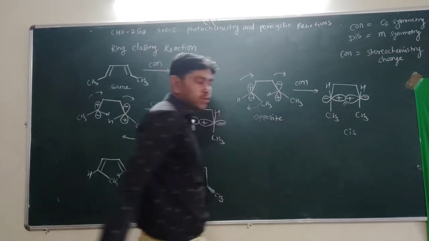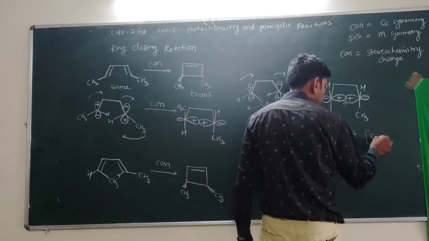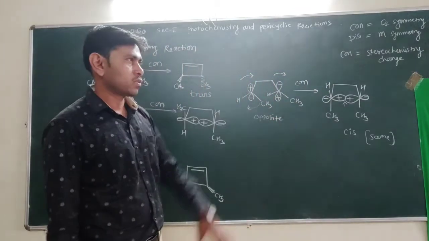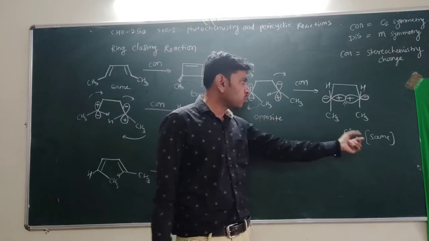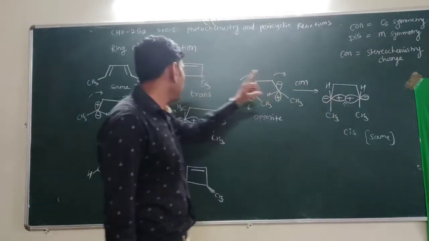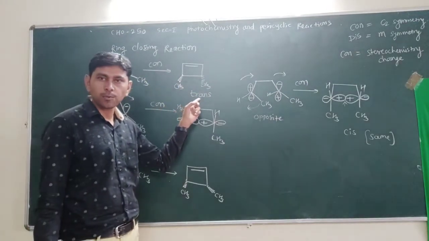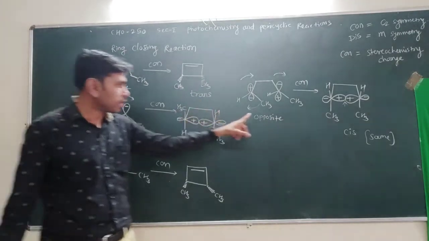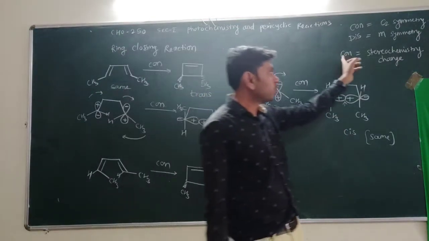Opposite, but in the product we obtain cis. Cis means on the same side of the plane of the molecule. So opposite changes to same, and when the groups are on the same side it changes to opposite, that is trans. By conrotatory motion, stereochemistry changes.